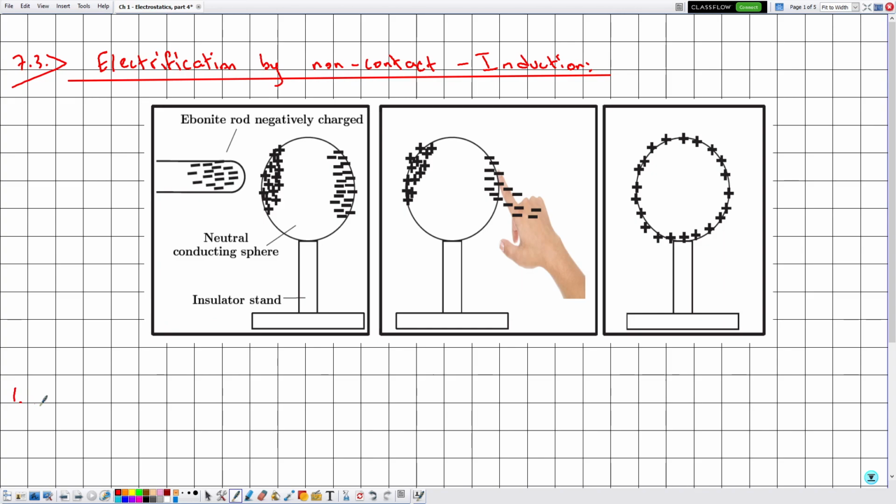Statement number 1 is that electrification by non-contact, and this is known as induction, is used to charge conductors.